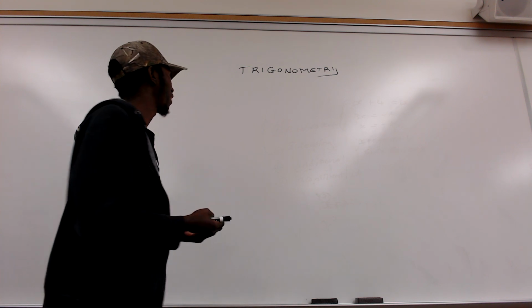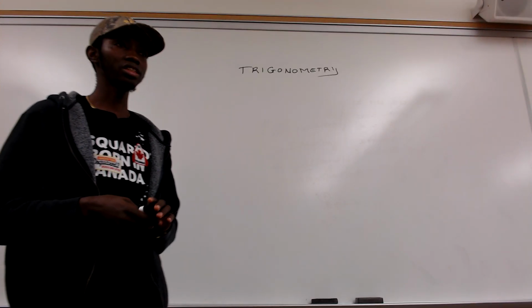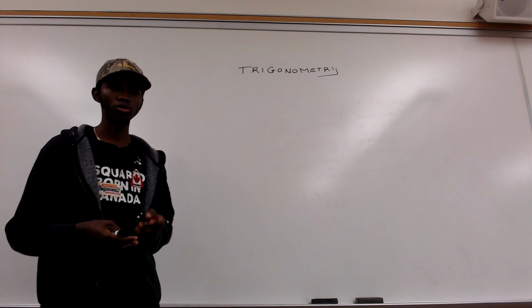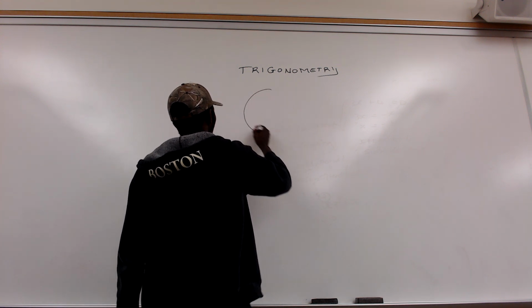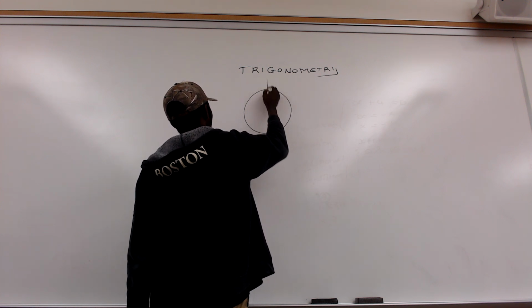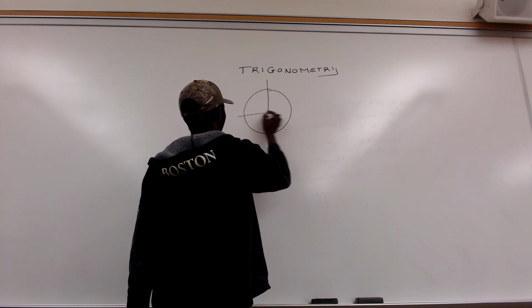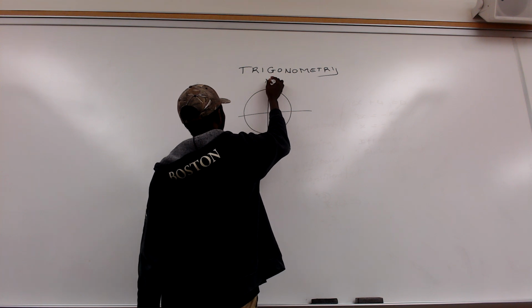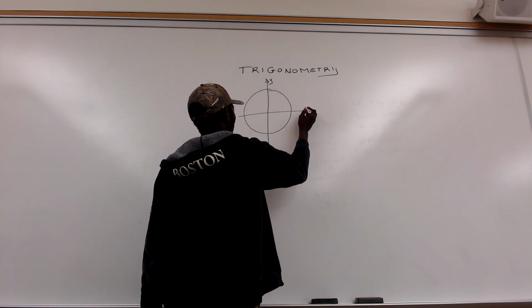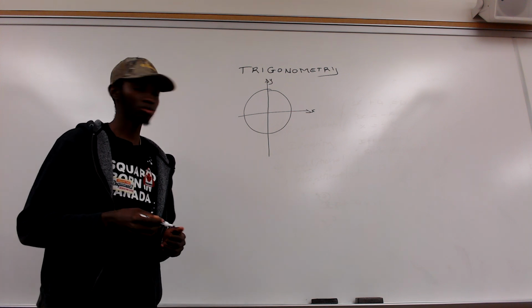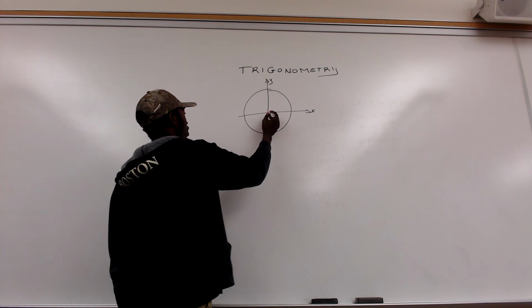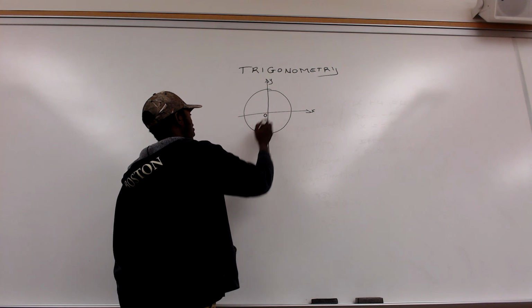One of the ways we can derive them is using a circle with axes. Let's say we consider a circle with the axes for both x and y. Let's say this is the y-axis, and this is the x-axis. The center of the circle, let's say here, is 0.